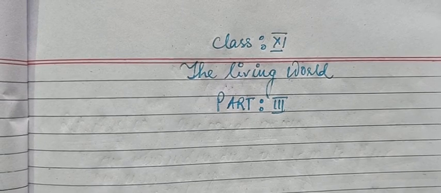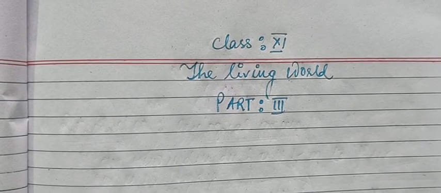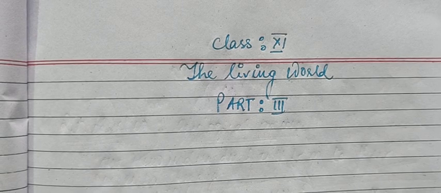Good morning students. Today we are going to discuss part 3 of the chapter Living World from your class 11 biology syllabus. We have already made 2 videos on this topic, and from those videos we learned a few things about the living world, like the meaning of living beings, the meaning of the living world, and the main salient features of living creatures.